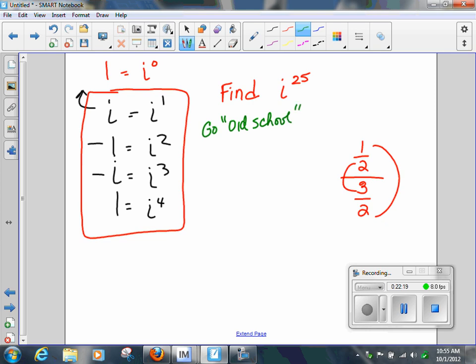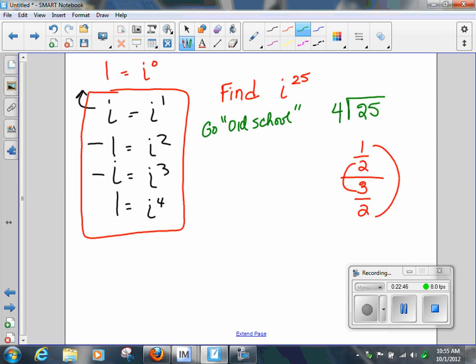I like to go back to what I already know. Our magic number is what, Q? 4. That's our magic number, because we know a pattern that's 4 i's, don't we? What am I doing? I'm taking my magic number 4, and I'm going old school, and I'm dividing 4 into my exponent.